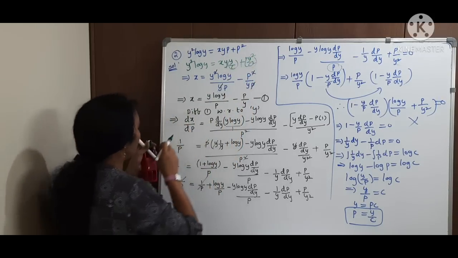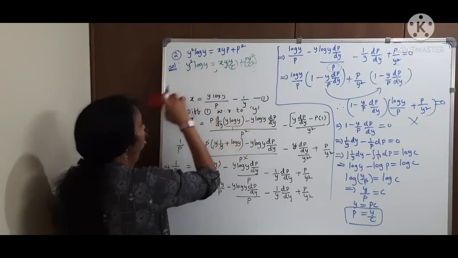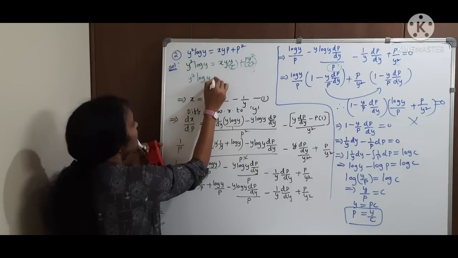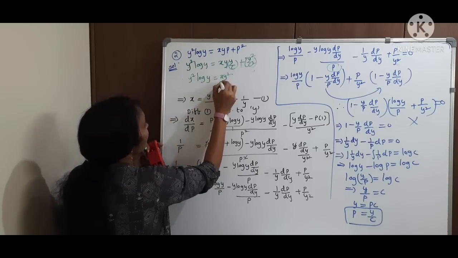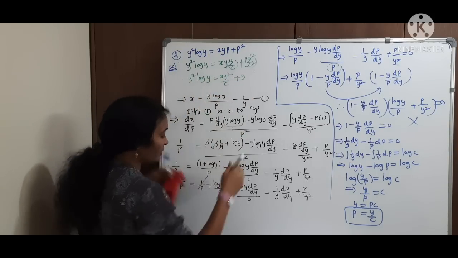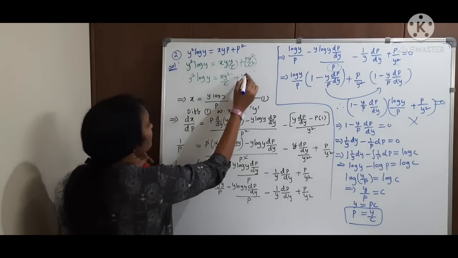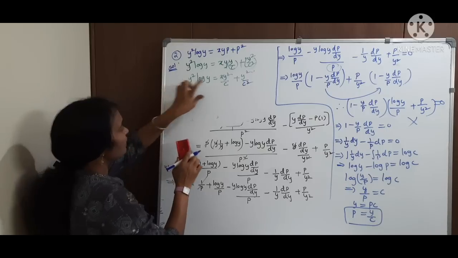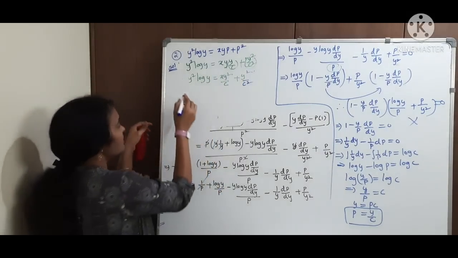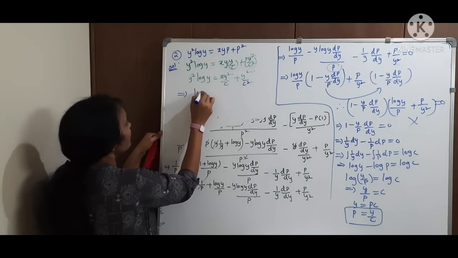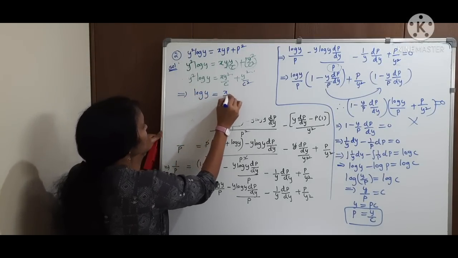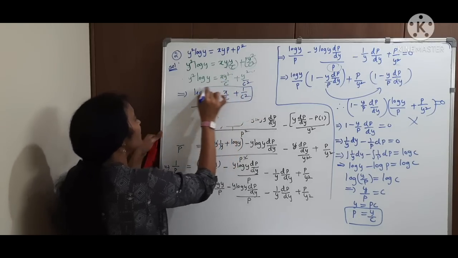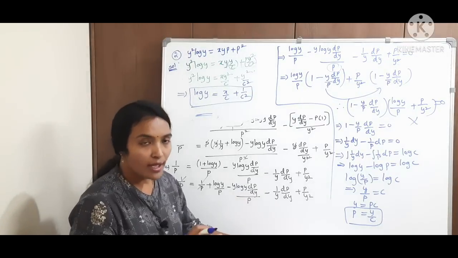Okay, then the final solution is: y square log y is nothing but x y square by c plus y square by c square, right? Now on both sides take y square common and cancel both terms, then the remaining is log y is equal to x by c plus 1 by c square. This is our required solution of the given differential equation.